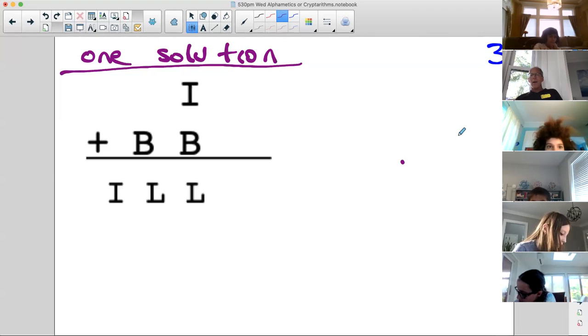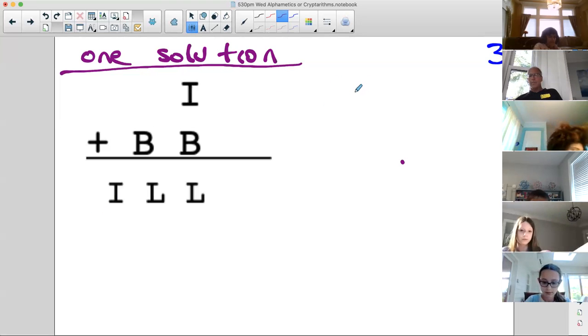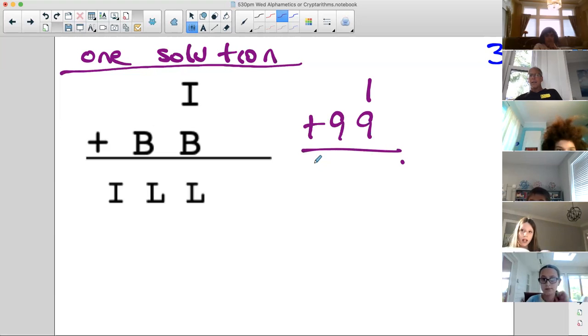Adalia, very nice. I want you to share with these guys what you got here, because I have something else I want to share with you now. Go for it. I got 1 plus 99 equals 100. Guys, look at this. I is 1, B is 9, L is 0.